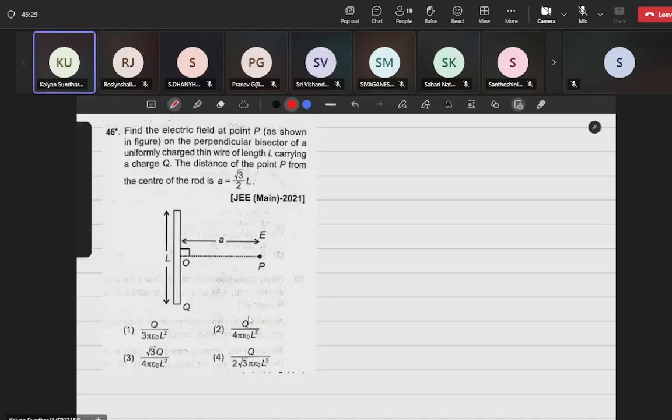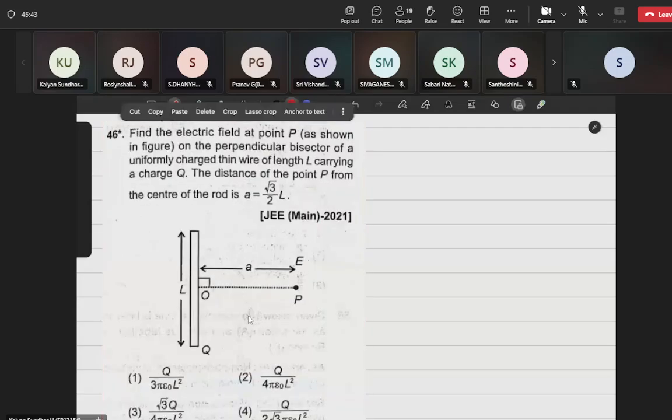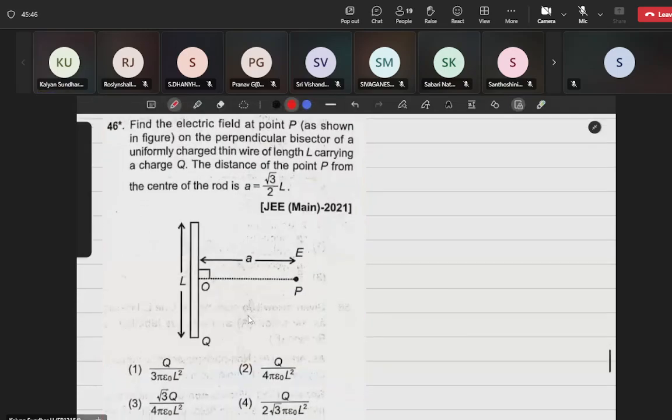So you have to find the electric field at point P. The formula is going to be the same, Ex and Ey.